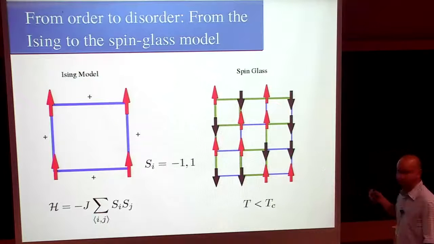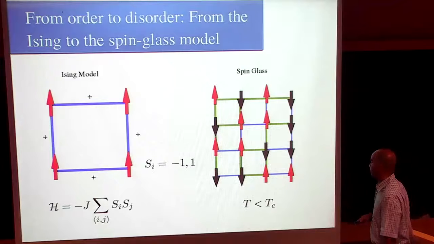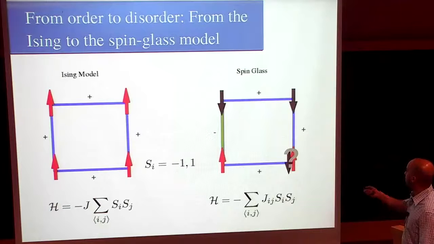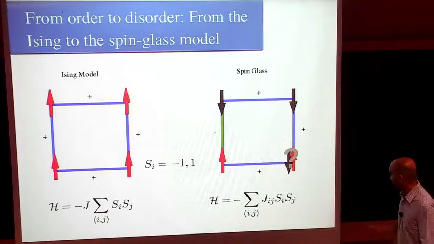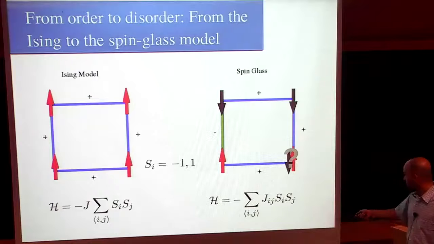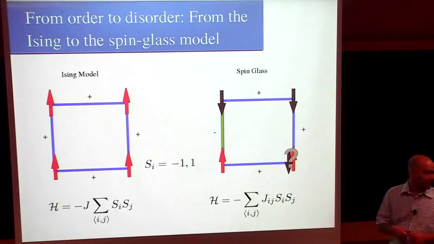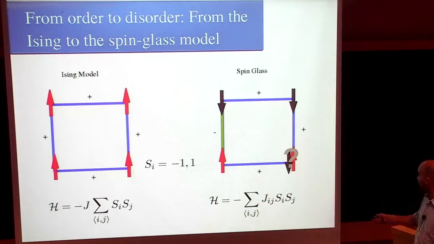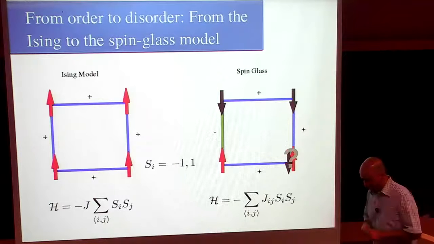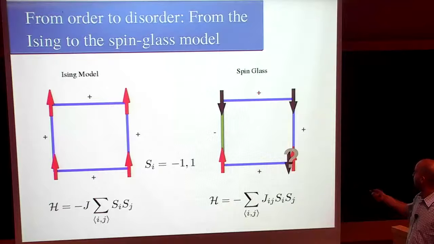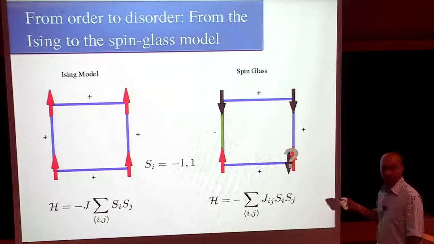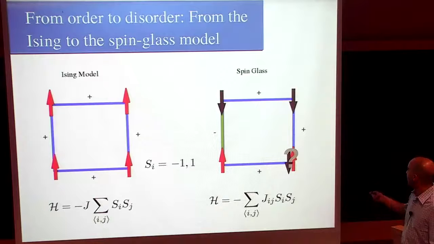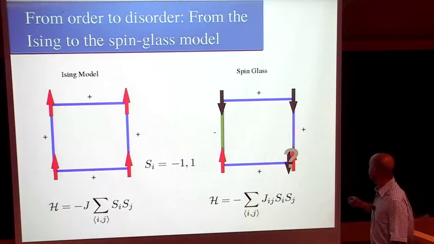So even if we don't see it at first sight, there is some kind of order at low temperatures. Here we see a plaquette of the spin glass model, and it can be described by a similar Hamiltonian to the Ising model, with the difference that here the J_ij are randomly picked. So here is the disorder, and the characteristic of spin glasses is that they have disorder, and from it frustration arises. Frustration means that a spin cannot simultaneously satisfy the minimization condition for all neighboring spins. So this spin is a frustrated spin.